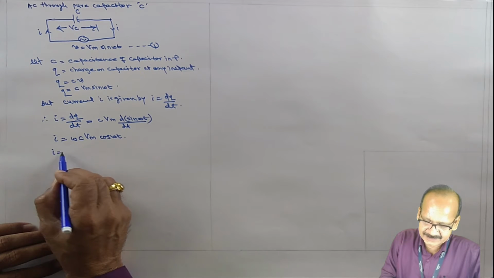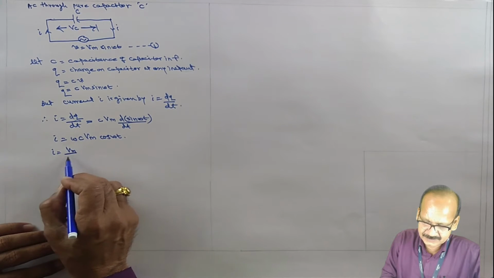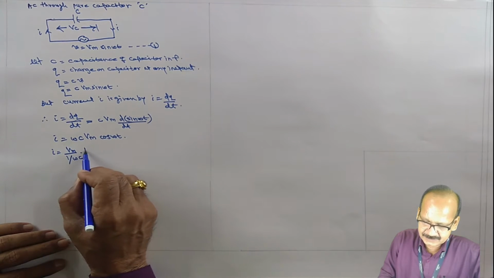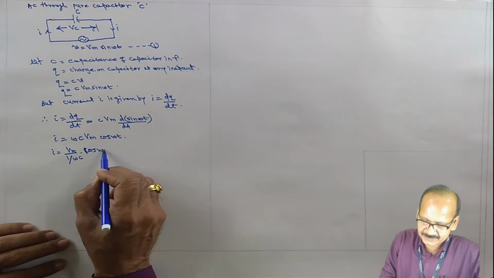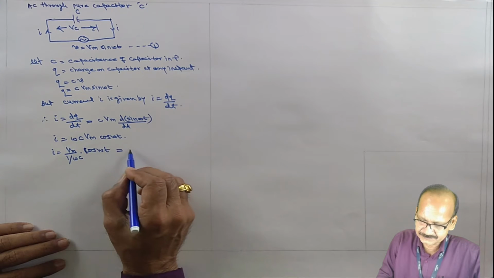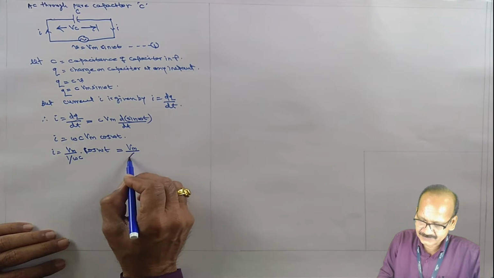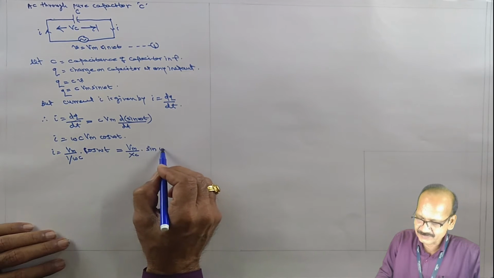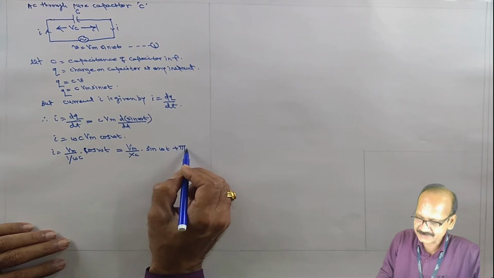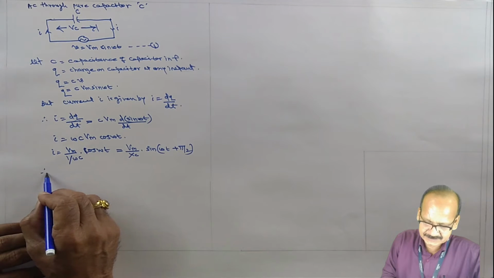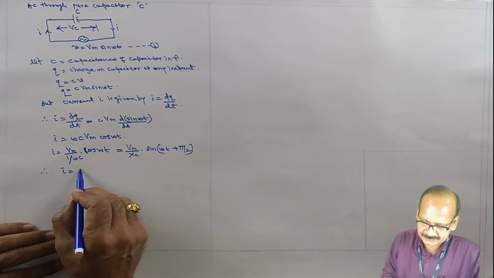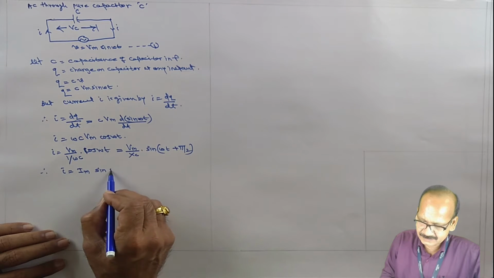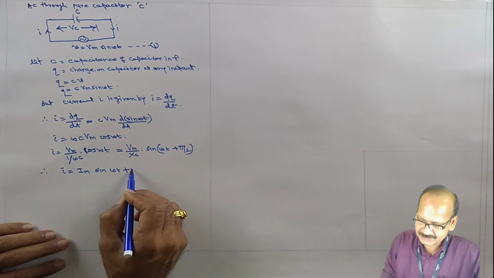This can be written as Vm upon 1 upon omega C, cos omega t, that is equal to Vm upon Xc, and cos omega t can be written as sin of omega t plus pi by 2. Thus small i equal to Imax sin of omega t plus pi by 2.